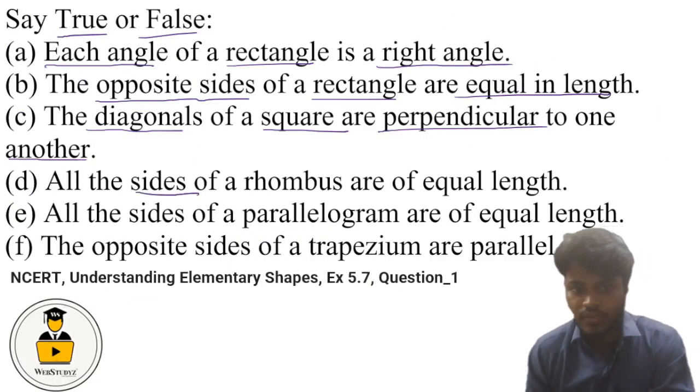Now let us consider the fourth question. All the sides of a rhombus are equal in length. So we can consider a rhombus here. Let us assume that this is a rhombus ABCD.